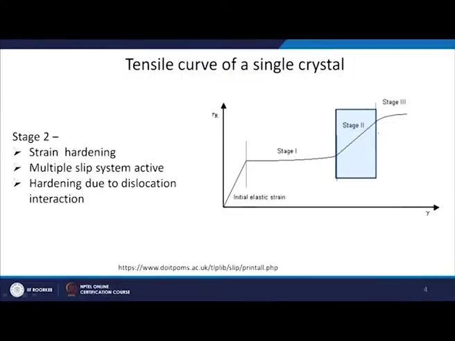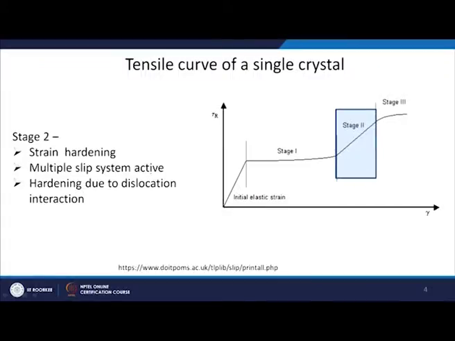Then comes stage 2. Now you see actually the strain hardening part. We will come back to this when we discuss strengthening mechanisms, that is, what we mean by strain hardening. Why do you get strain hardening? Because now multiple slip systems are active. Dislocations are now interacting with each other, and it is becoming difficult for the material to deform.